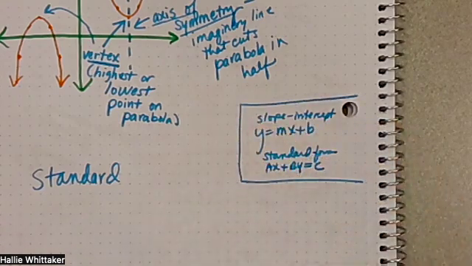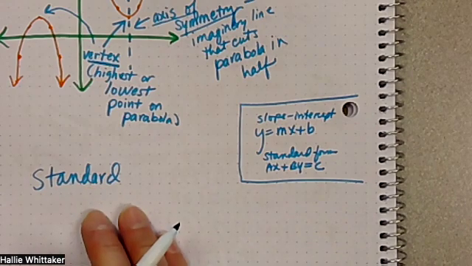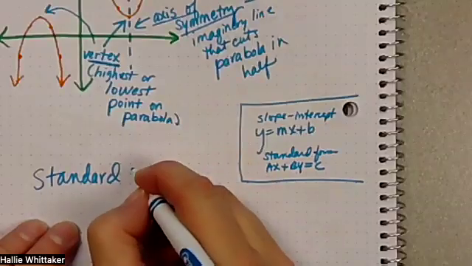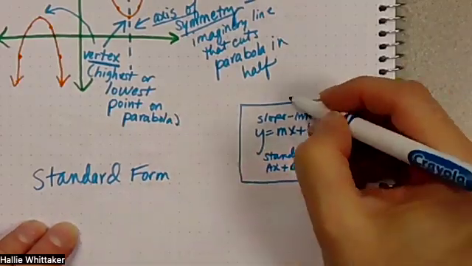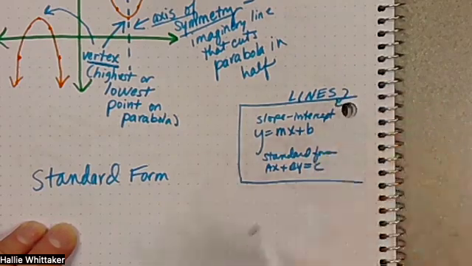Again, we knew they were going to be a line either way, but there were different forms of it. With parabolas, there's different forms of that too. So what we're going to look at today, and let me label this with lines, just kind of a quick review.